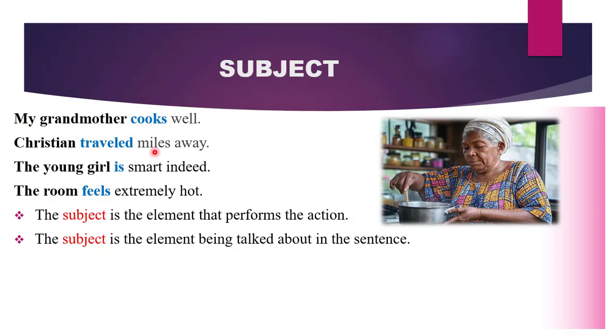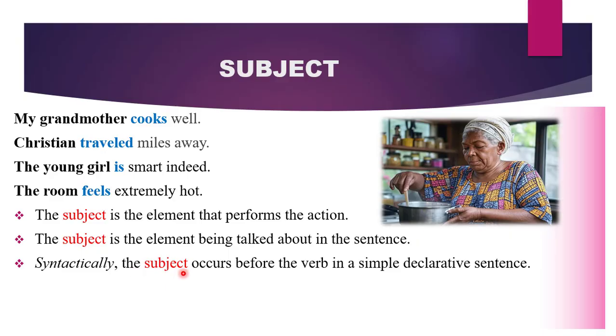Christian traveled miles away. Traveled is our main verb, so our subject will come before the main verb. Therefore, we conclude that the subject occurs before the verb in a simple declarative sentence. So whenever you have declarative sentences, you are going to see your subjects before the main verbs.